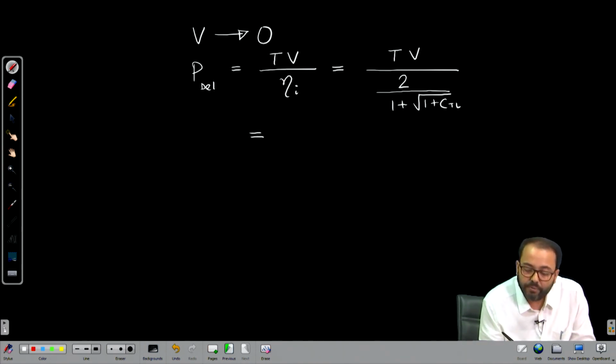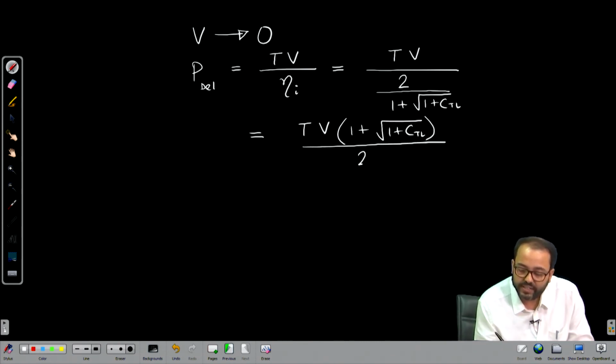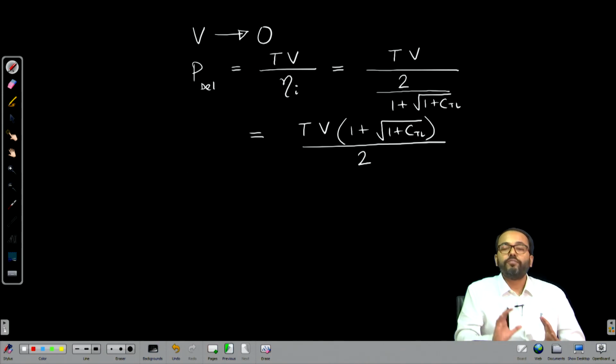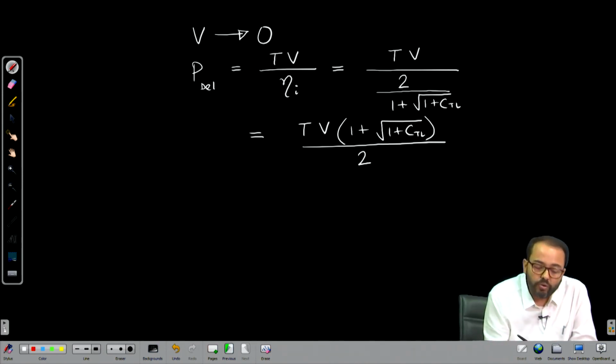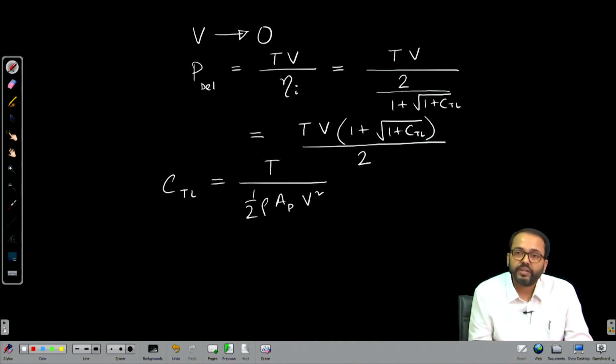So, the delivered power can be calculated as TV into 1 plus root over of 1 plus CTL divided by 2. Now, when the velocity, the forward speed of the propeller, in this case the momentum disk is 0, what happens to the thrust loading coefficient? CTL is given by T by half rho AP into V square, right.